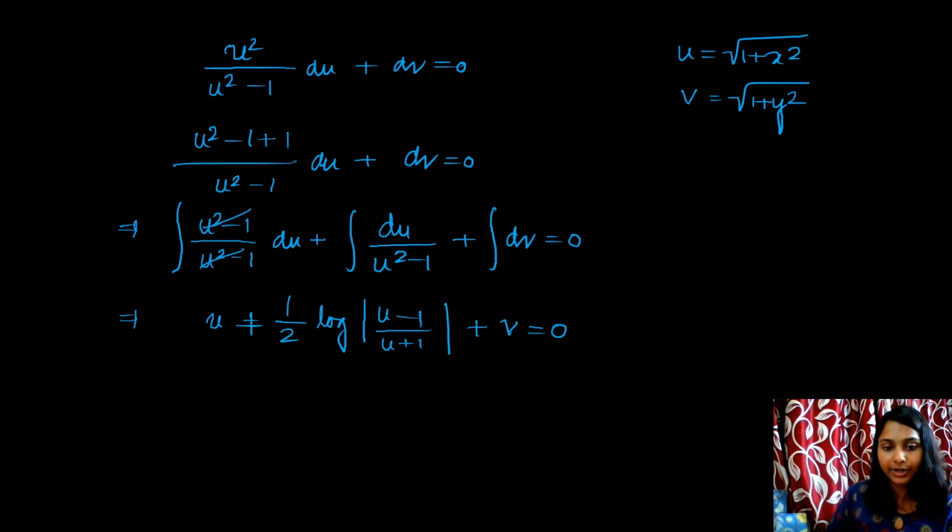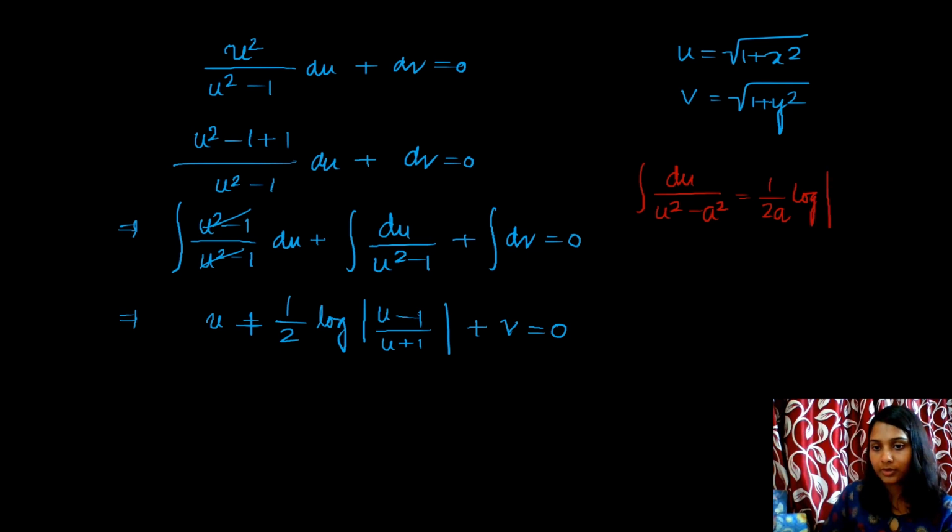So let me write the integration formula here. The integration formula in this case, du over u square minus a square, gives 1 by 2a log mod u minus a divided by u plus a. And there is also c, the constant of integration.